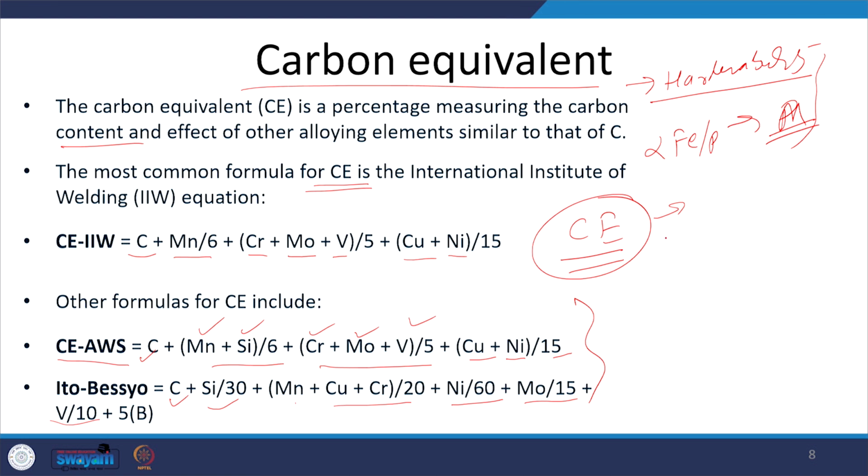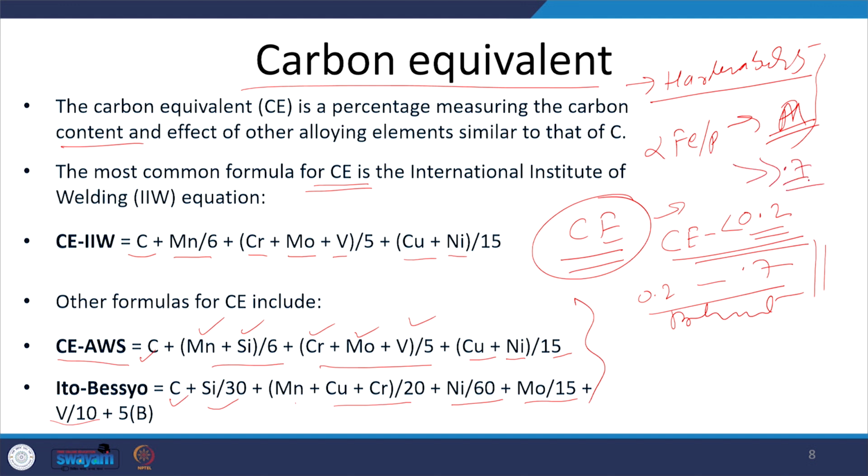So, if the carbon equivalent is less than 0.2, then steel can be welded without any difficulty. If the carbon equivalent is in the range of 0.2 to 0.7, then using suitable preheat the steels can be welded. But if the carbon equivalent is greater than 0.7, then steels are considered to be non-weldable.